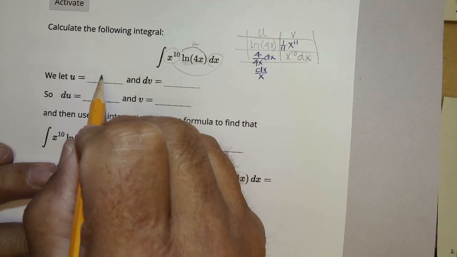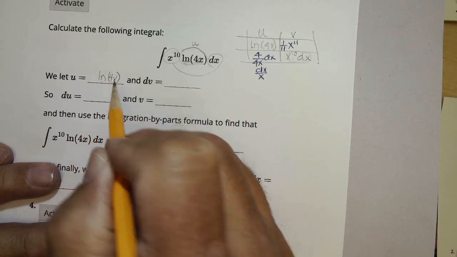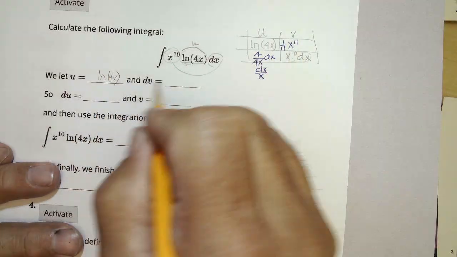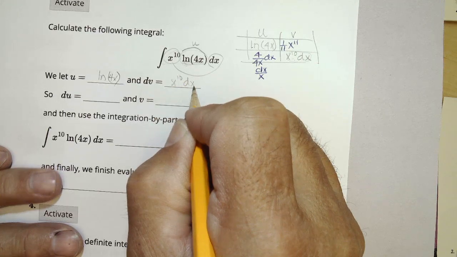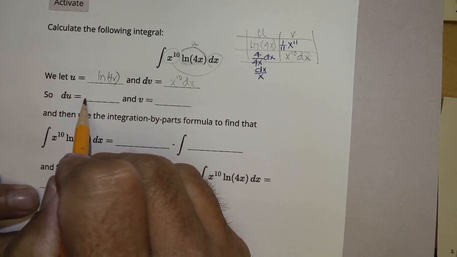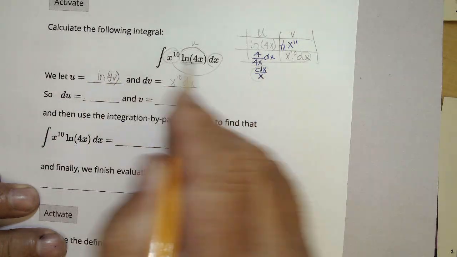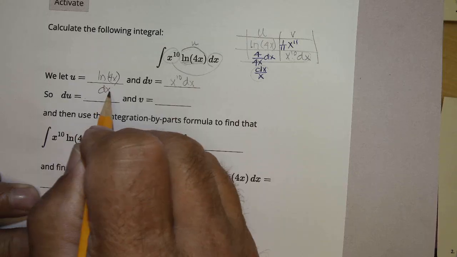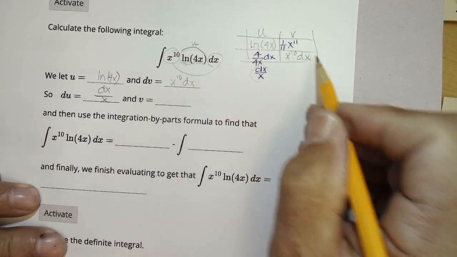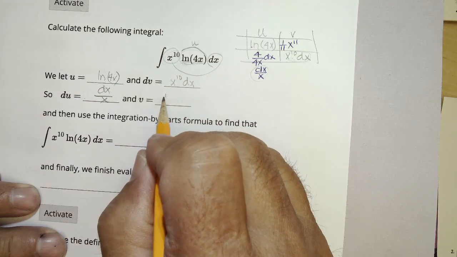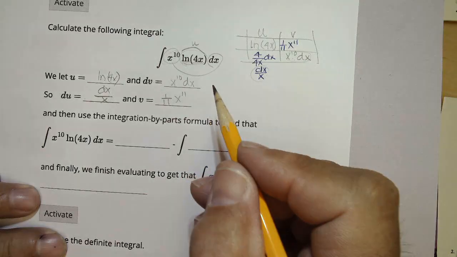So u was the ln of 4x, dv was the x to the 10 dx. du would be the derivative of this, which we decided was dx over x, and v is 1/11 x to the 11.